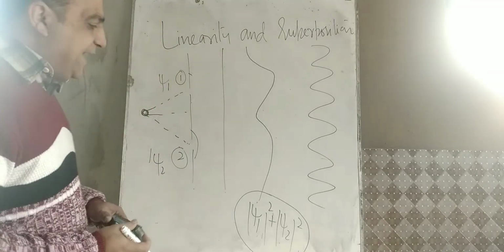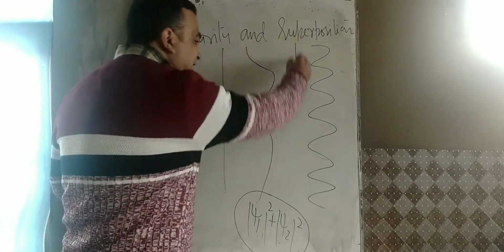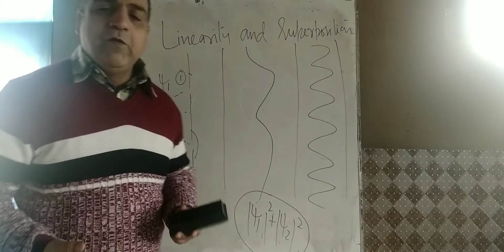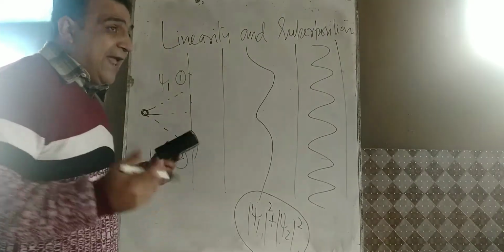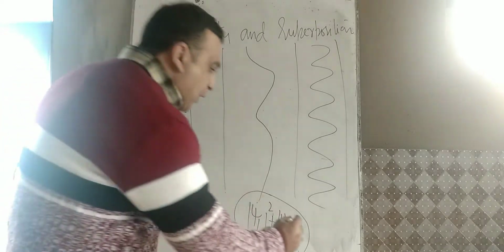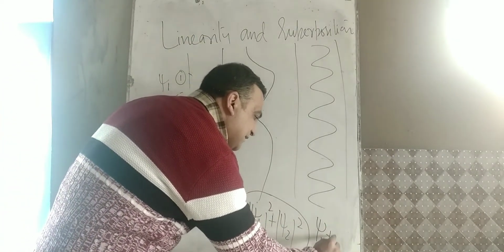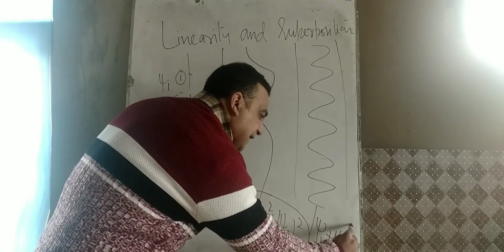So in this case, the reality of the fact should be that this pattern is a result of superposition of wave functions psi1 and psi2. And we should add these wave functions. So adding these two wave functions will give me psi1 plus psi2, and work out its probability density.